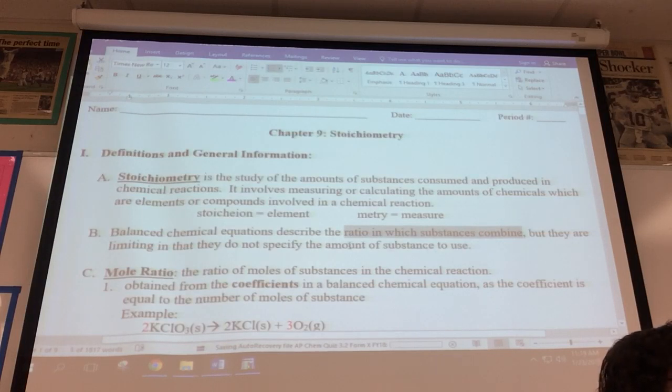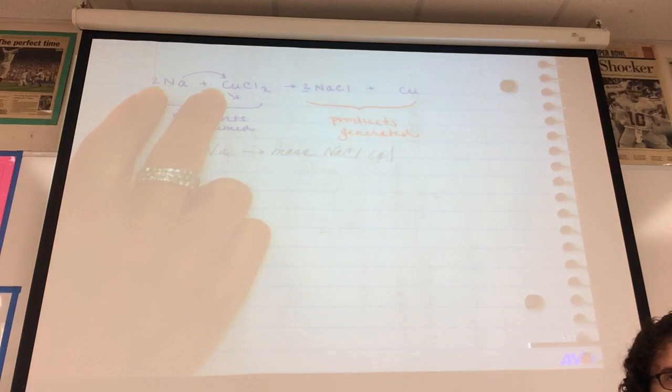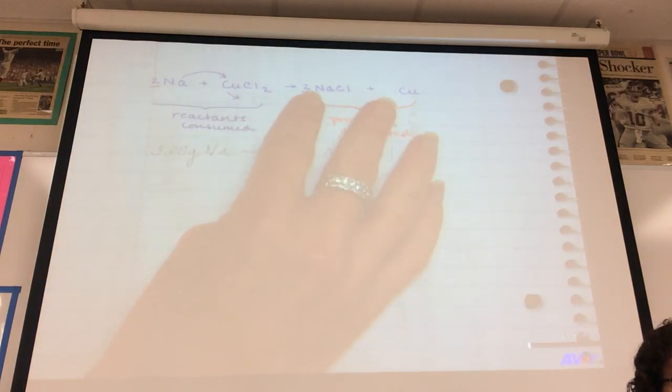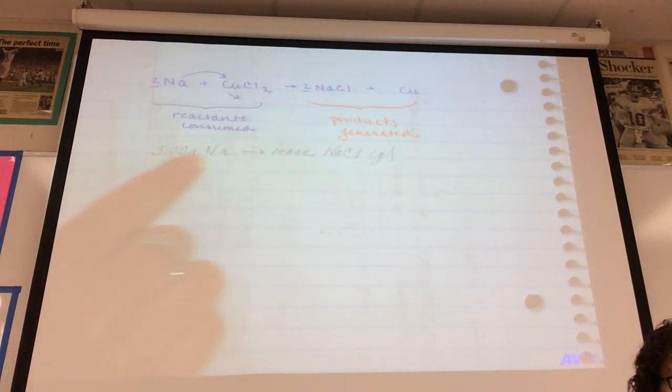They do not indicate how much substance to use. And in a lab, it will often say mass out this amount of substance. So a balanced chemical equation only shows you ratios in which substances combine and substances get generated. It doesn't specify the quantity of substance that you will use.